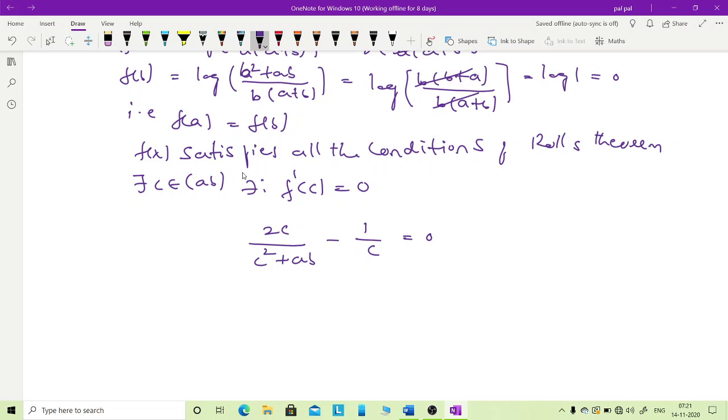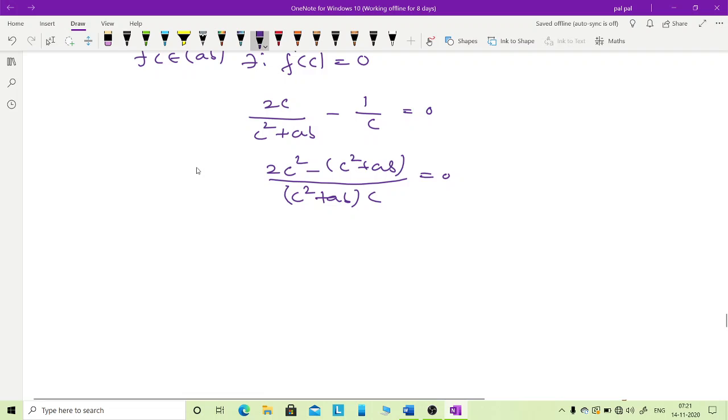Simplifying this, take the LCM: C square plus ab into C. 2C into C is 2C square, minus 1 into C square plus ab, that is C square plus ab. This divided by C square plus ab into C is equal to 0.